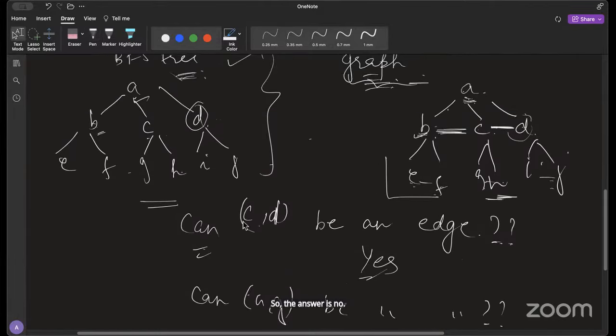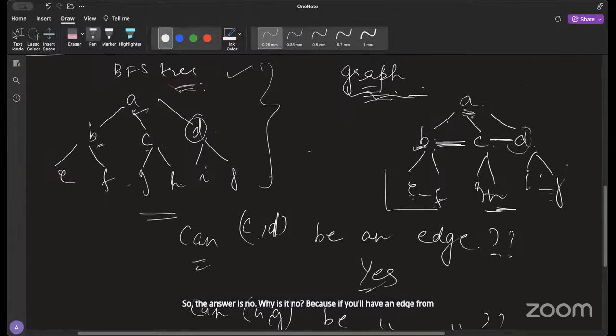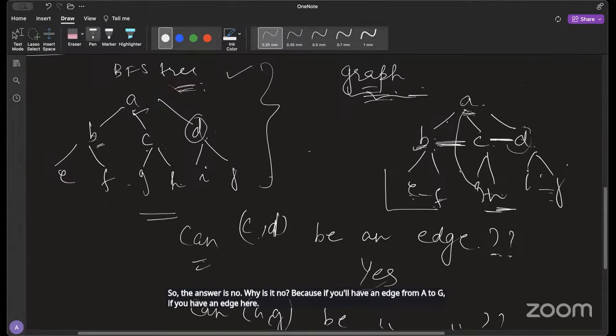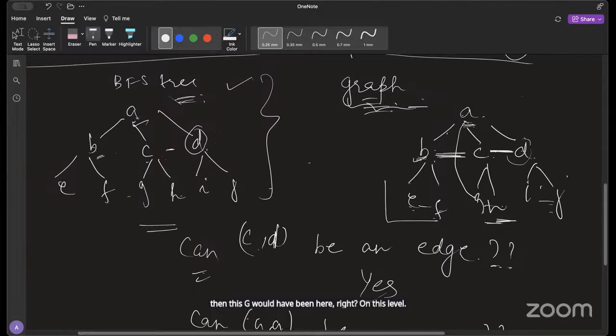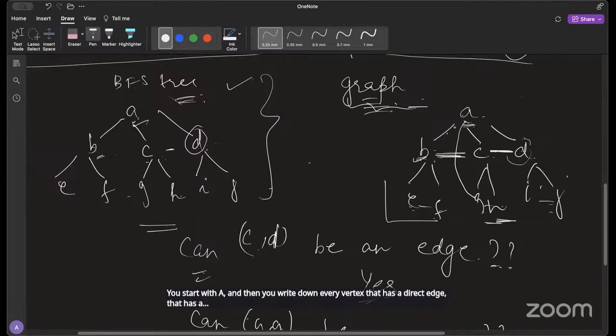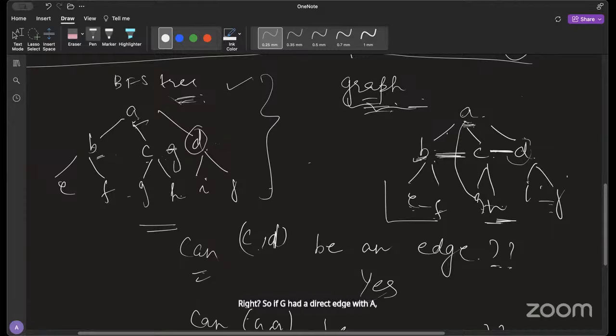Why is it no? Because if you had an edge from A to G, then this G would have been on this level. You start with A and write down every vertex that has a direct edge with A. So if G had a direct edge with A, G would be on the first level, but you've written it on the second level.